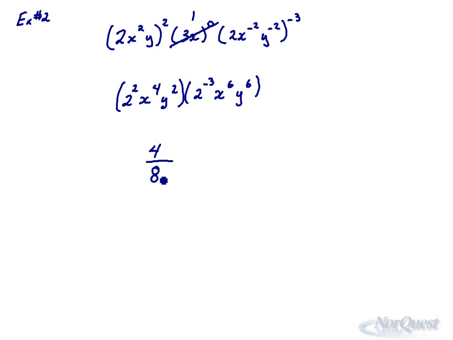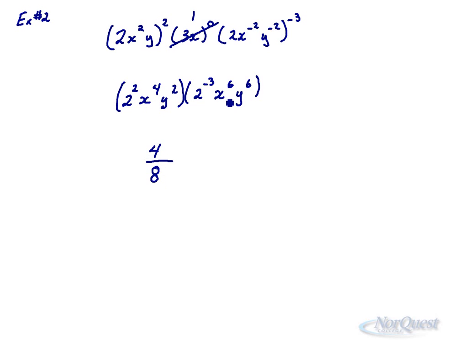So there's where I take care of my coefficients. 2 squared is 4. Anytime you have a negative exponent, that means you write the reciprocal, or what a lot of people remember, if it's a negative exponent on the top, it moves to the bottom and becomes positive. If it's a negative exponent on the bottom, it moves to the top and becomes positive. So negative exponent rule just means to write the reciprocal, and 2 cubed is 2 times 2 times 2, which is 8.